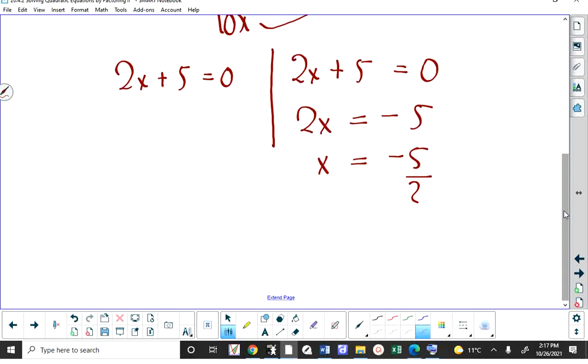If the thing is not factorable, there may or may not be solutions. If it's not factorable, there may be no solutions. If it's not factorable, there might be one solution. If it's not factorable, there might be two solutions. But the opposite, if there's no solutions, it cannot be factorable.